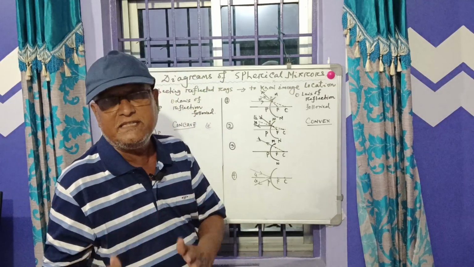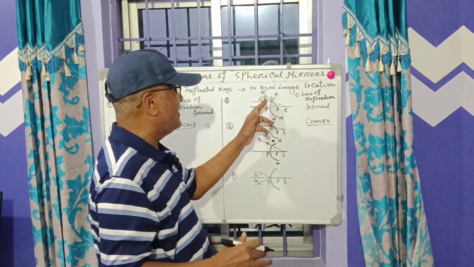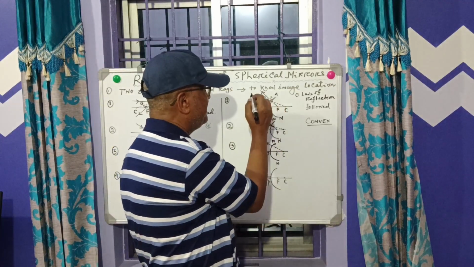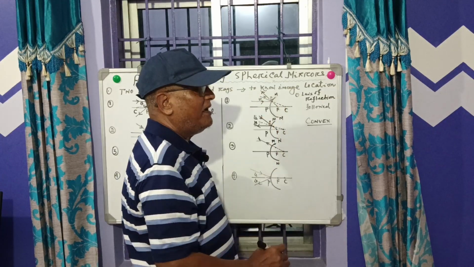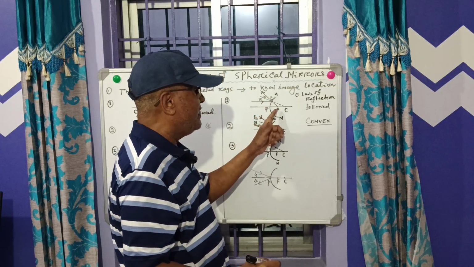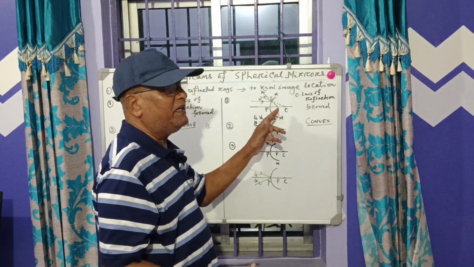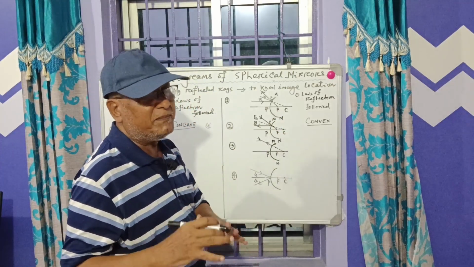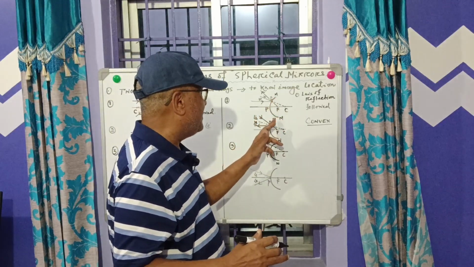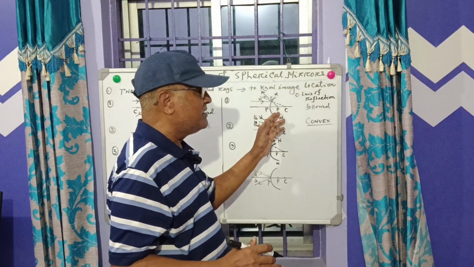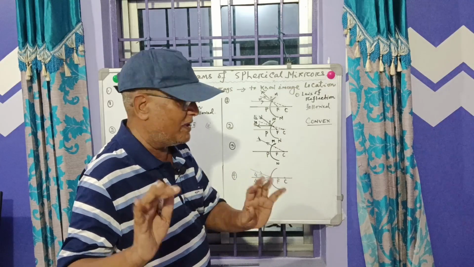So angle of incidence is equal to the angle of reflection. But here the reflected ray appears to have come from a point behind the mirror. This point is called principal focus of convex mirror. But here the focus is virtual.